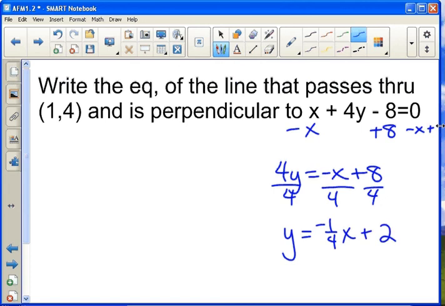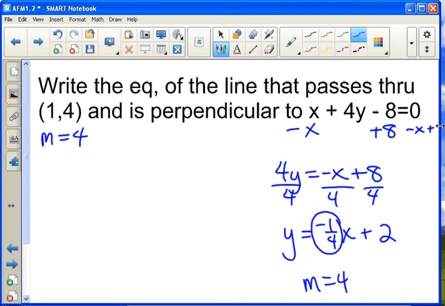So the slope of this line is -1/4, which would make the slope of a perpendicular line, our line, positive 4. Because you flip the 1/4 to be 4/1, which is 4, and change the negative to a positive. So we have a point (1, 4) and a slope of 4.